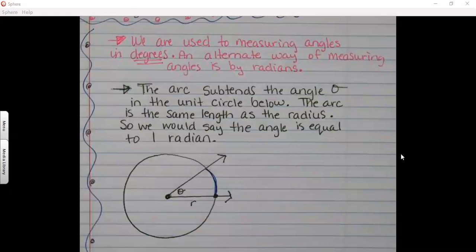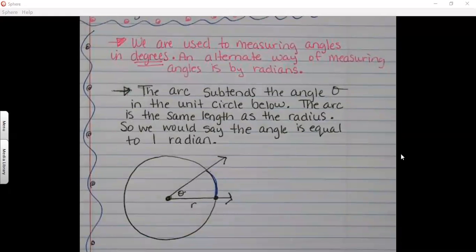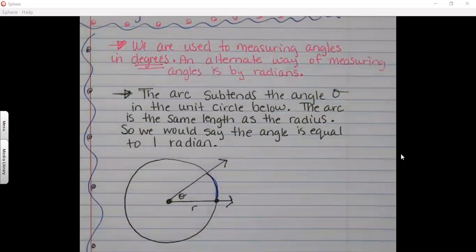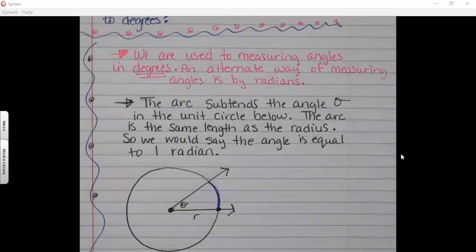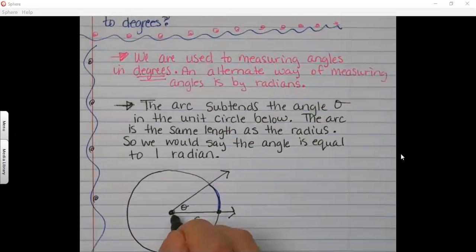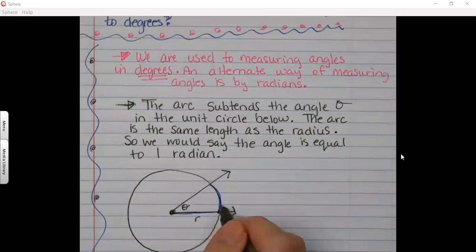So we're saying that that arc is the same length as the radius. So we say that the angle is equal to 1 radian. So that is 1 radian. Okay. So let's say r equals length of radius.